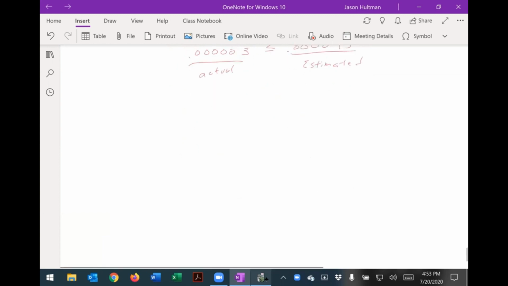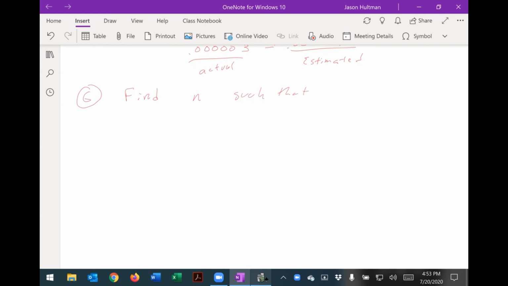Okay, let's do one more problem here. I'm going to call this problem number 6. Find n such that the Simpson's rule error is less than 0.0001 for the integral from 1 to 2 of 1 over x dx.